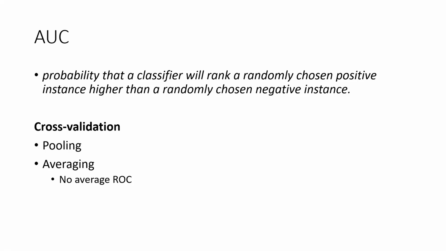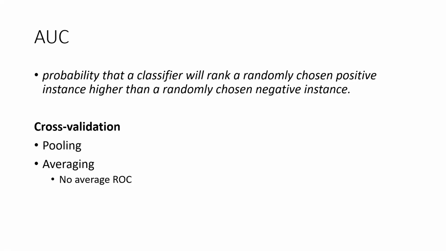So let's say you have two samples, positive and negative. If your AUC is 0.8, it means that you're going to rank the positive sample higher with 80% chance or probability. So that's what AUC is.